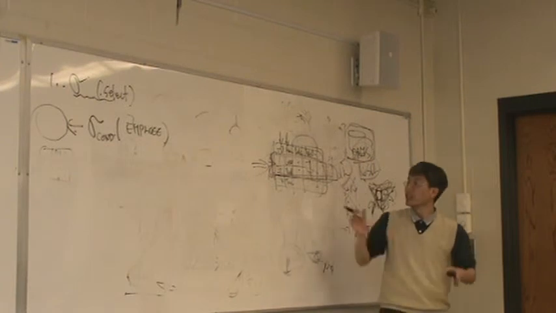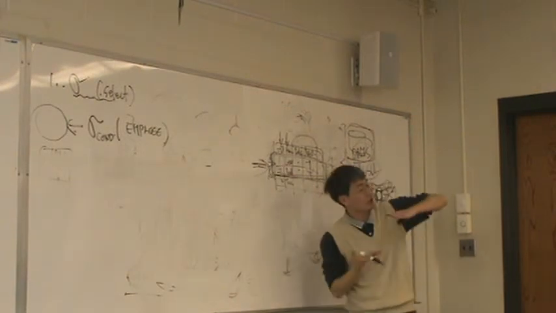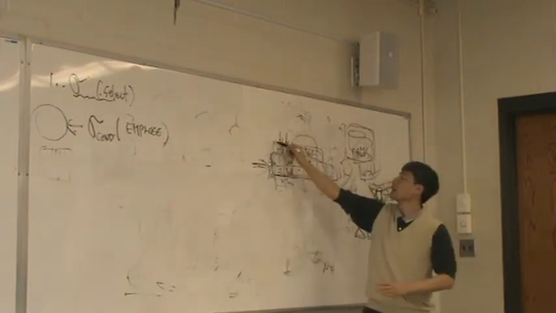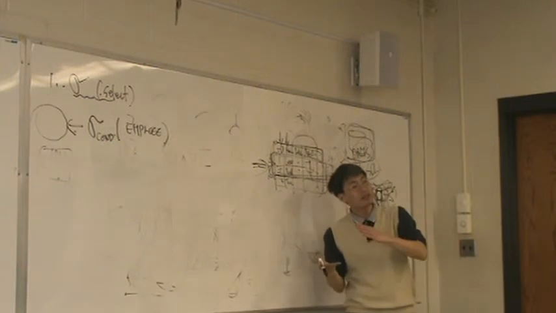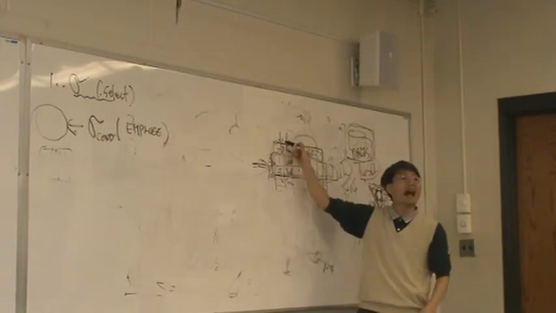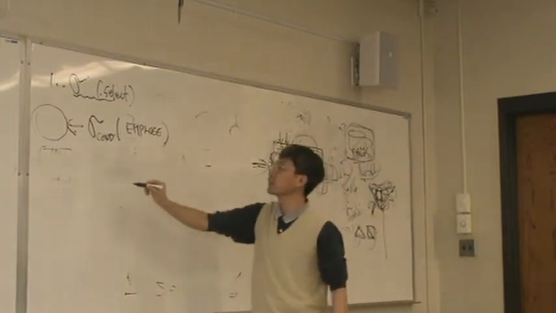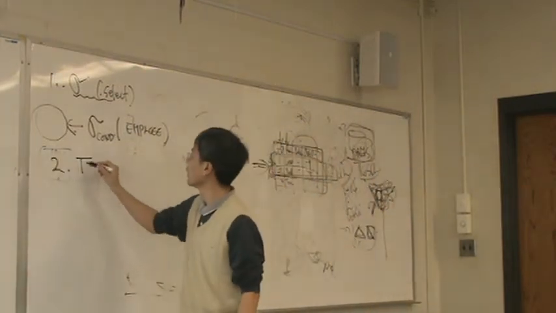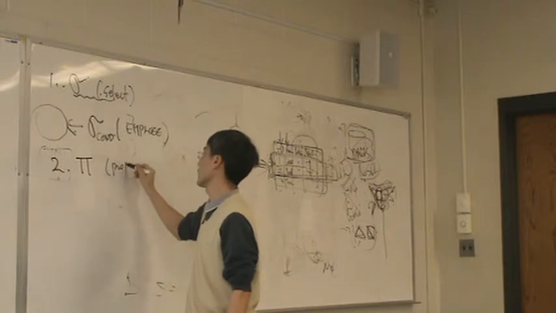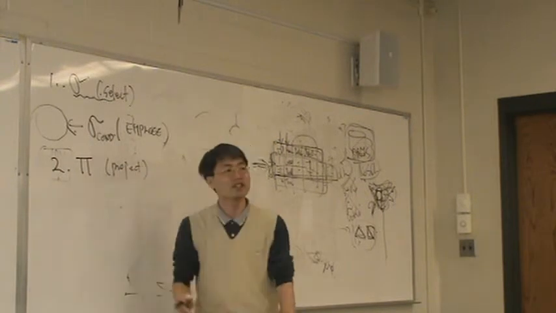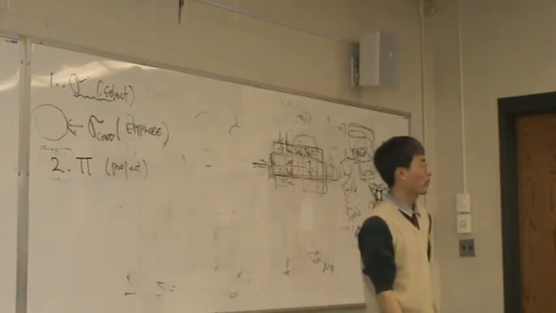In the select case, we limit by the data. However, in this case, I'd like to restrict the data by attribute. Can we do that? Yes, that is project. So this is called the project operation.